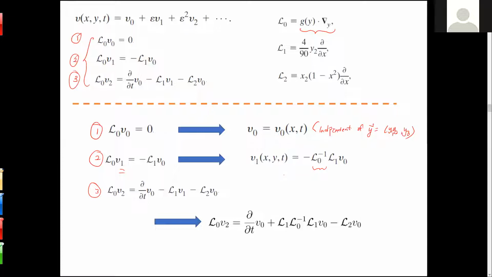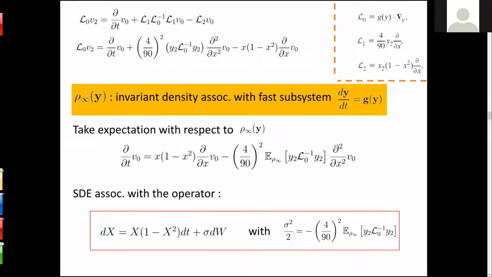Then you can solve for V1 by taking the inverse of L0 and applying that to both sides, and you will get this form for V1. And then finally, if you substitute that into 3, you will get this equation, which I copied in the next slide.